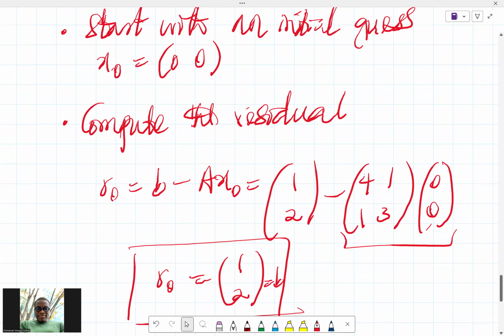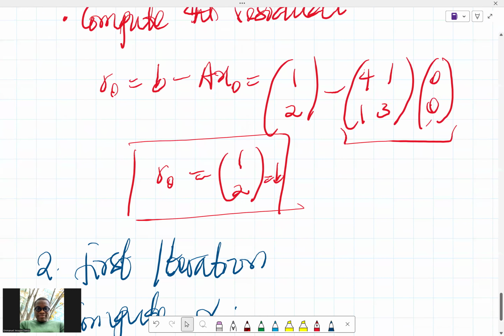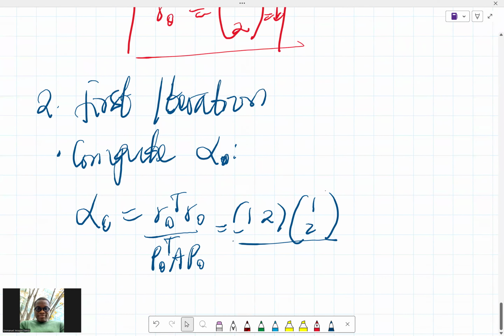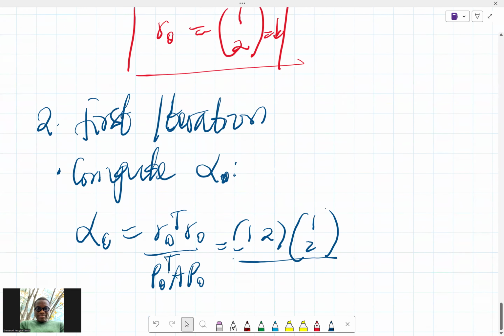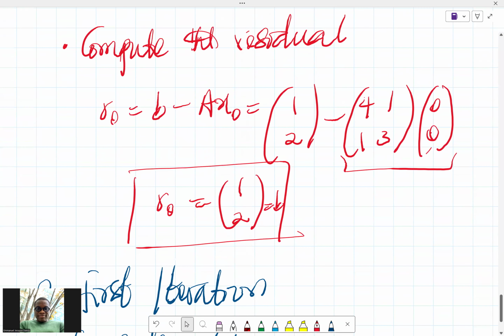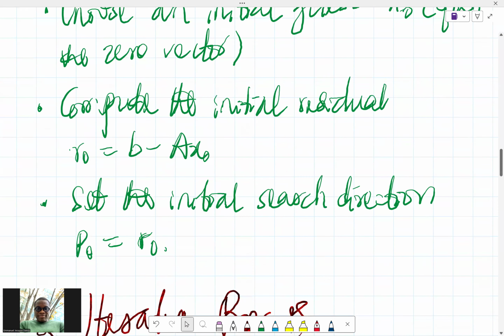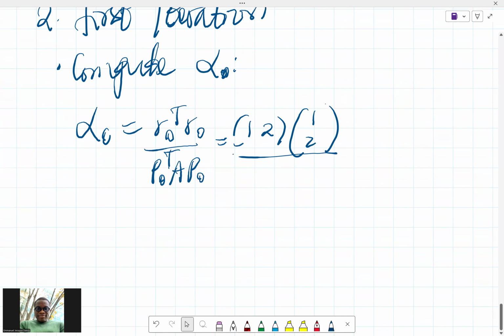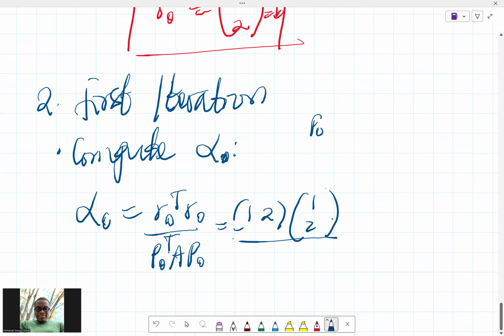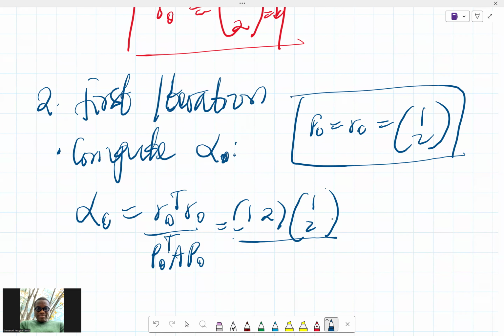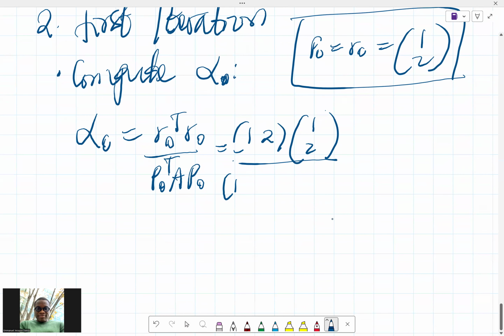Do we know P naught yet? Of course, from the initial step, P naught is R naught, which is 1, 2 again.